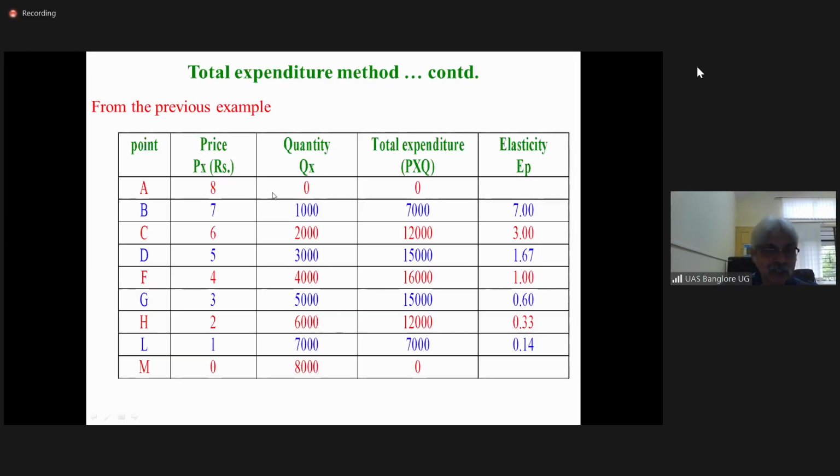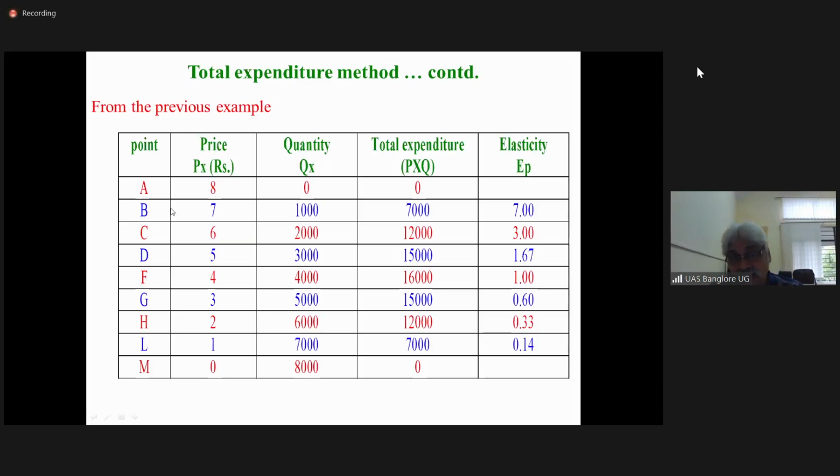A, B, C are different points on the demand curve, with price from 8 rupees to 0, decreasing price, and quantity 0, 1000 up to 8000. This part of the table we had already used in the morning.